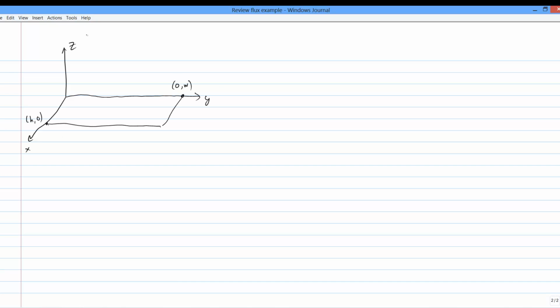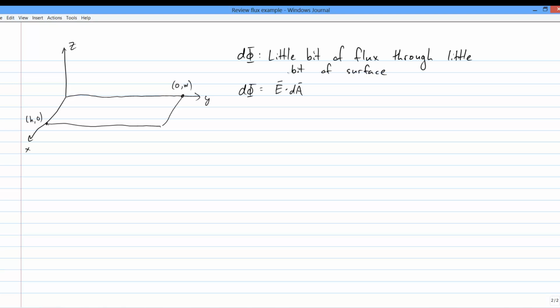Let's go ahead and get started. We'll calculate the total flux by writing down one infinitesimal bit of flux, which is the flux through a little chunk of the surface. That's E dot dA. Then we'll add up all the bits with an integral.